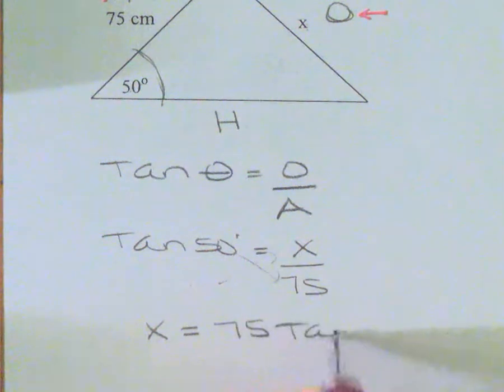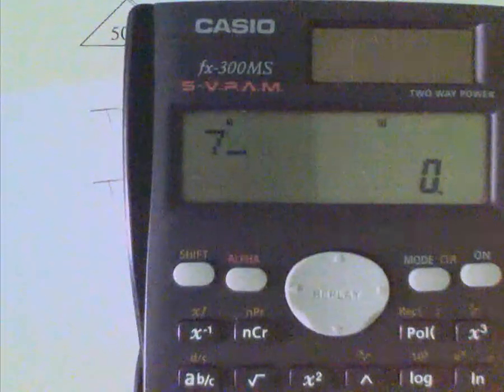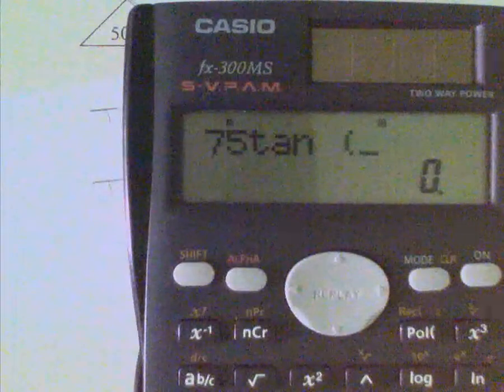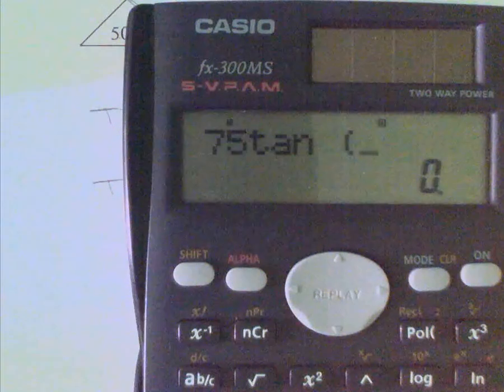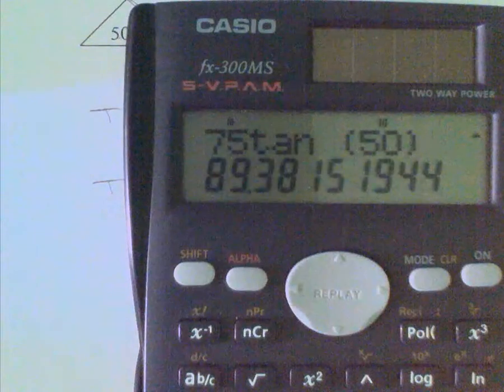And I always write it in front of the trig ratio. So I'm going to put this into my calculator. So I want to do 75 tan. Open my bracket. 50. Close my bracket. And hit equals.